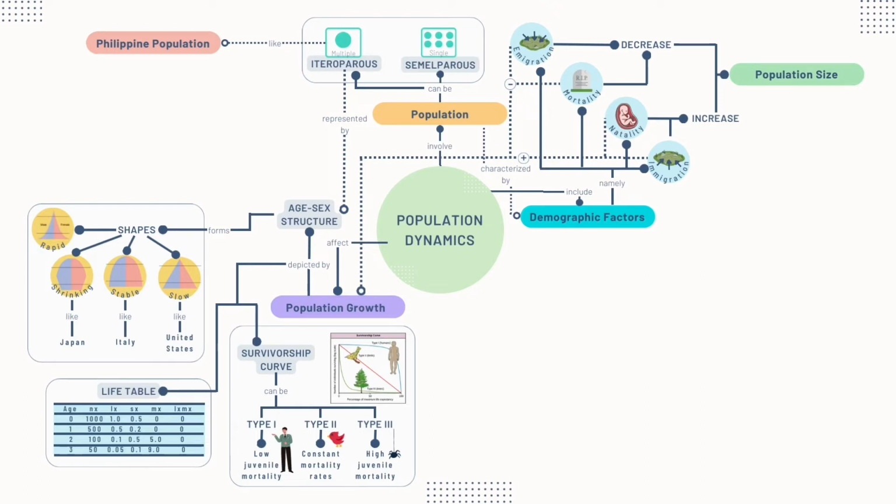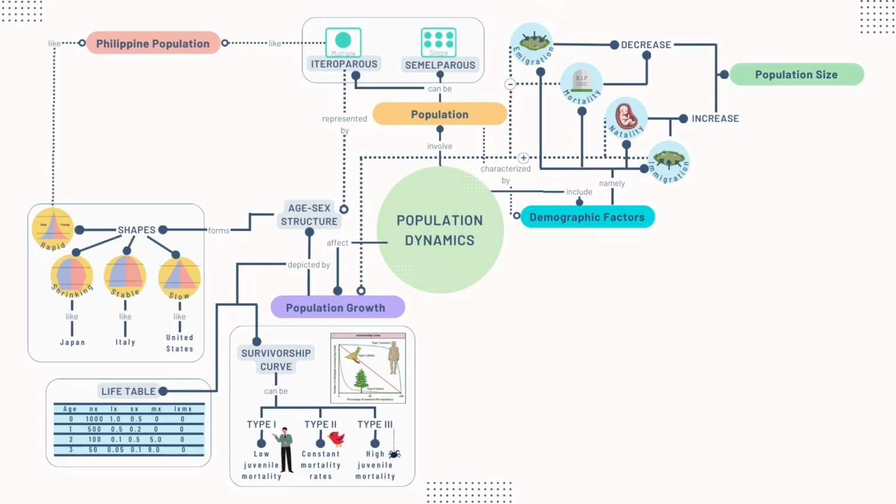Meanwhile, rapid population growth has a sharp pyramid shape in their age structure diagrams. That is, they have a large proportion of younger people, many of whom are or will soon be of reproductive age. The Philippine population is experiencing such growth.